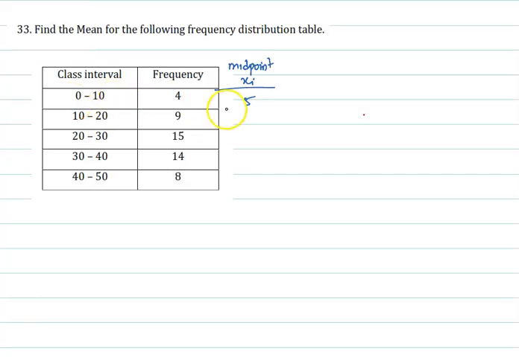Between 0 and 10 the middle is 5, between 10 and 20 it is 15, then 25, 35, 45.